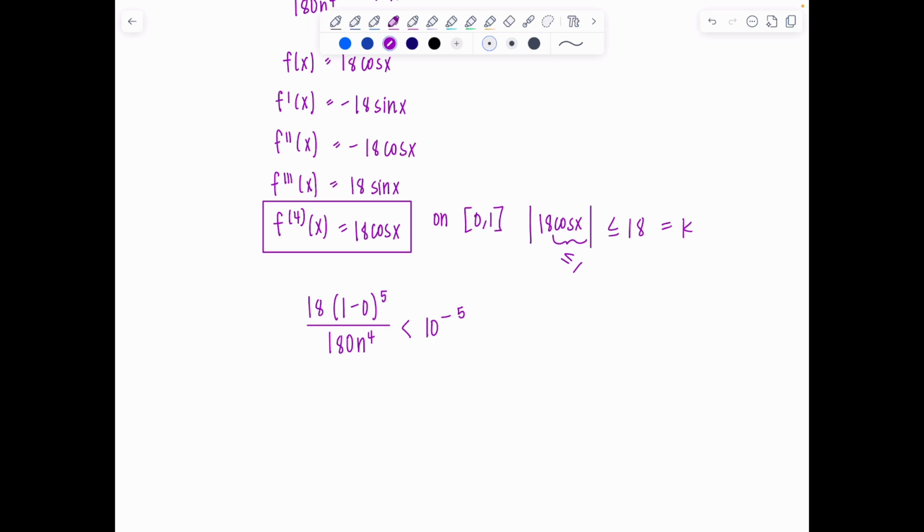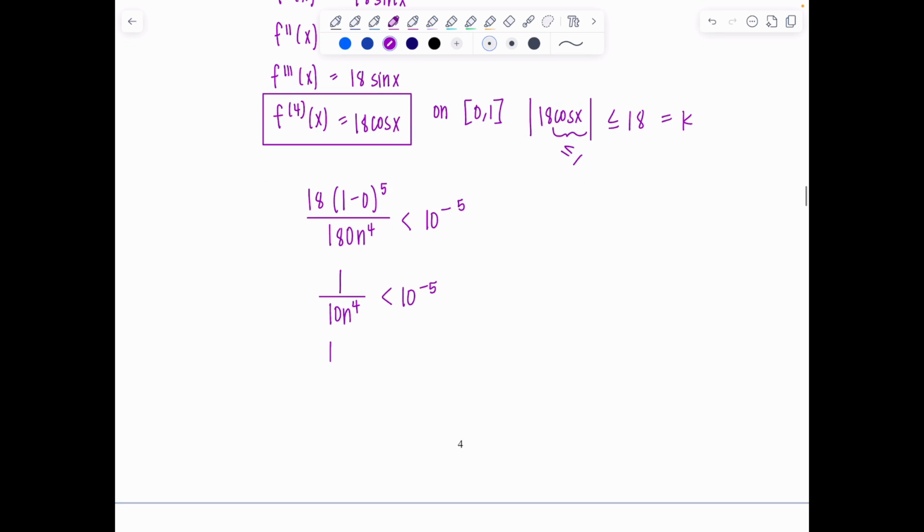Okay, so 18 over 180, that cancels. So I have 1 over 10 n to the fourth is less than 10 to the negative fifth. I'm going to multiply n to the fourth over to the other side. So then I just have 1/10 is less than n to the fourth times 10 to the negative fifth. This is the same as 10 to the negative first.